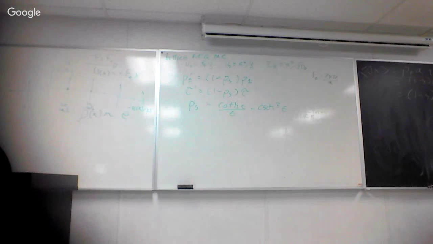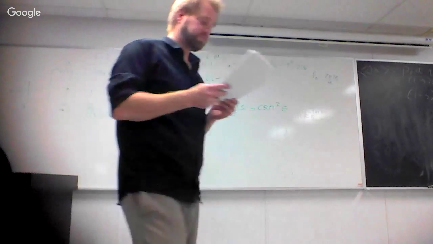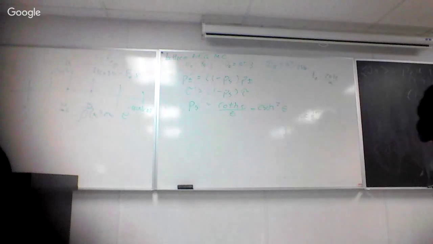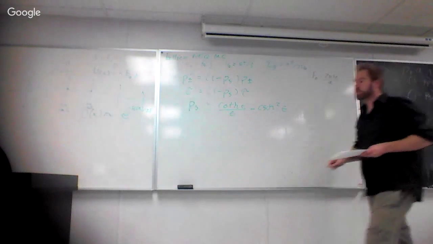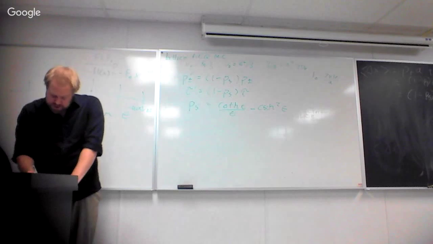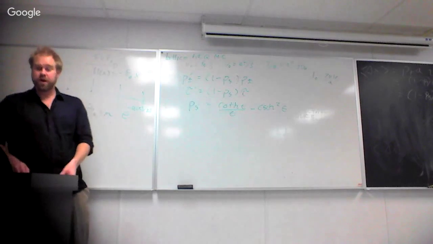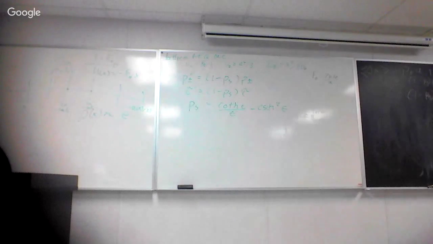Okay, and you can show that this is equal to 1 minus s times hyperbolic tangent of epsilon. Sorry, this s is p sub s, the probability of sitting still. So this is really messy to do. And I did go through and do it, but you got to sub in what your PS is equal to. You got to sub in our old definition for P plus minus. Okay, but then indeed you get this result.